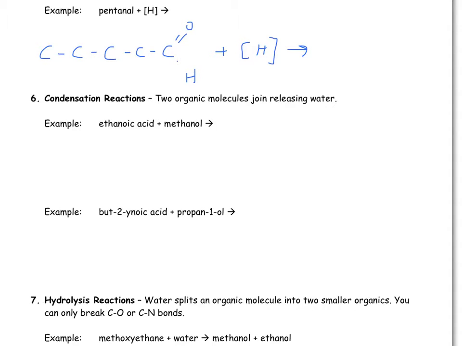Because I don't have any hydroxyl groups or C single bonded O's, I would then attack this C double bonded O. This changes pentanal into pentan-1-ol.